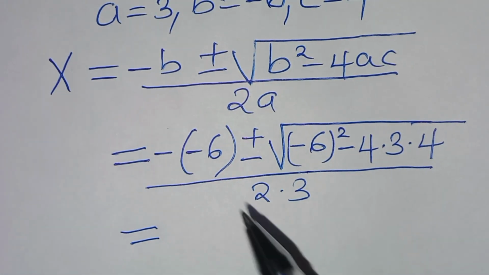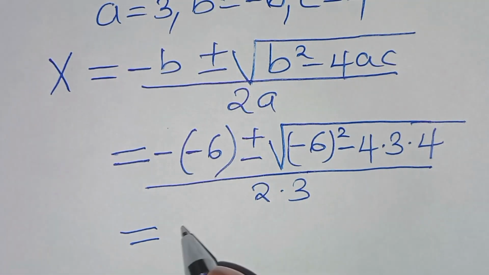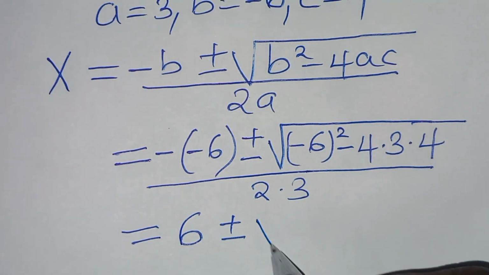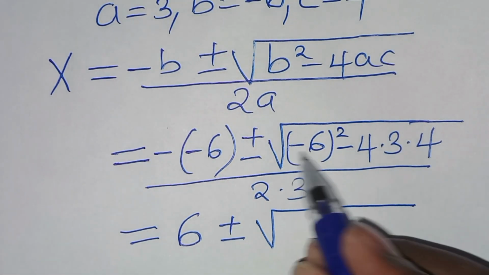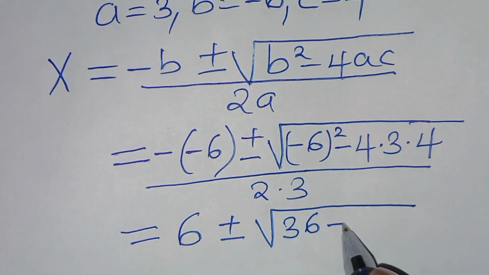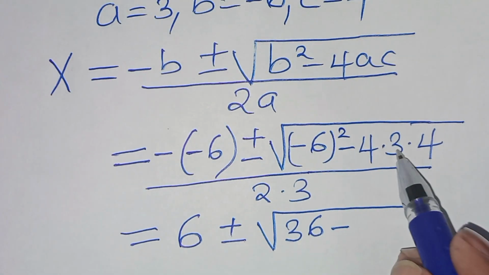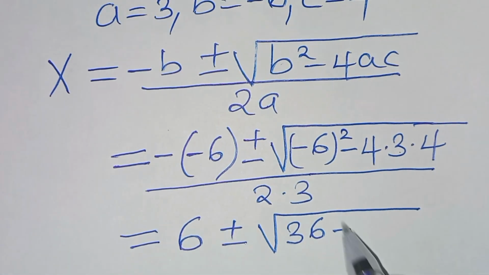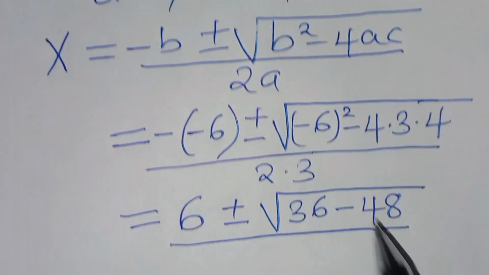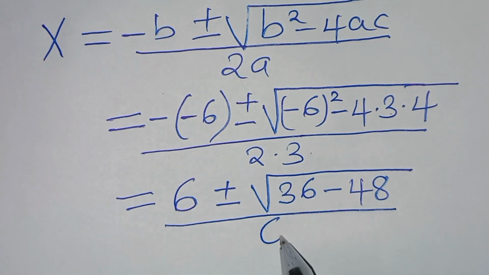Therefore here we have minus times minus 6, this is equal to 6, plus or minus the square root of minus 6 squared, which is 36, subtract 4 times 3, this is 12, times 4, this is 48. Everything here divided by 2 times 3, which is equal to 6.